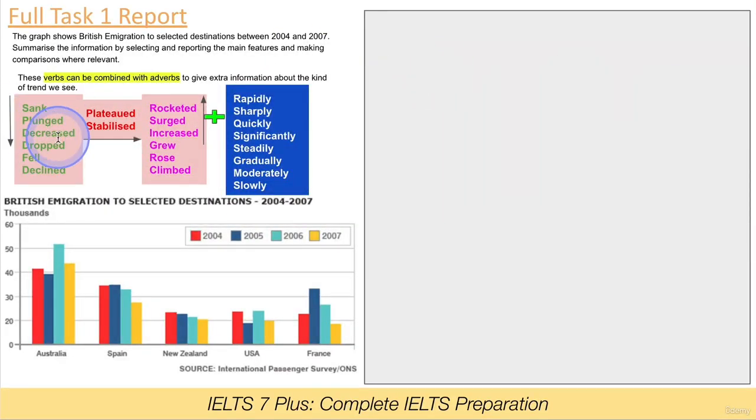And we've got our useful vocabulary this time, which will help us, and the adverbs will help us here as well. So let's start by paraphrasing. The graph shows British emigration to selected destinations between 2004 and 2007. Well, we can be more specific.